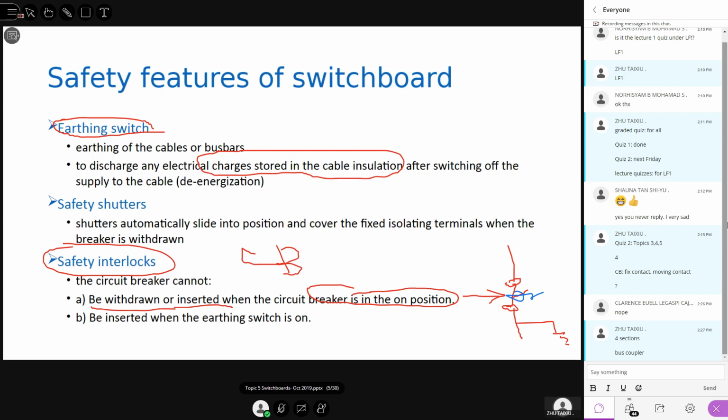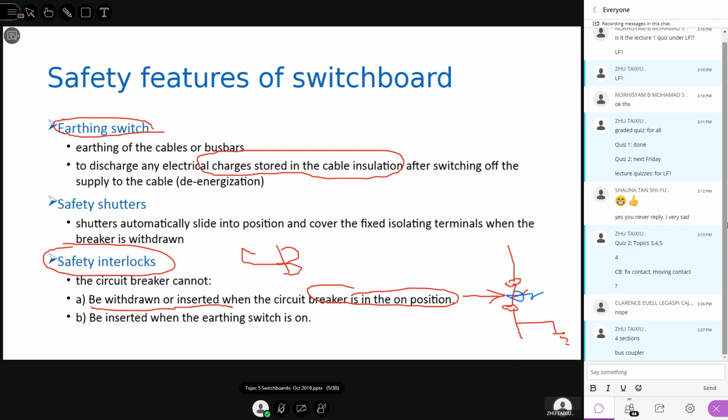So possibly they forget to remove the earthing switch. In that case, if you push the circuit breaker back into the assembly, what will happen? Short circuit, disastrous.